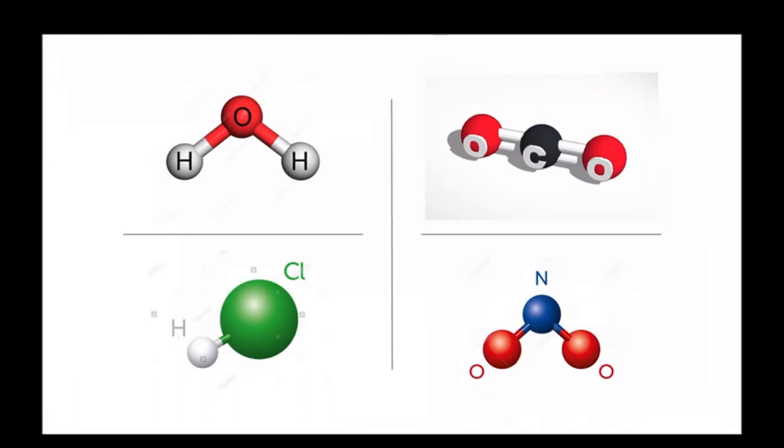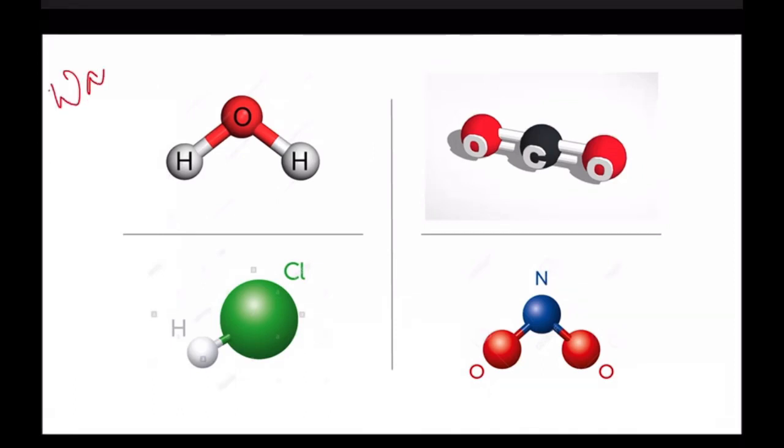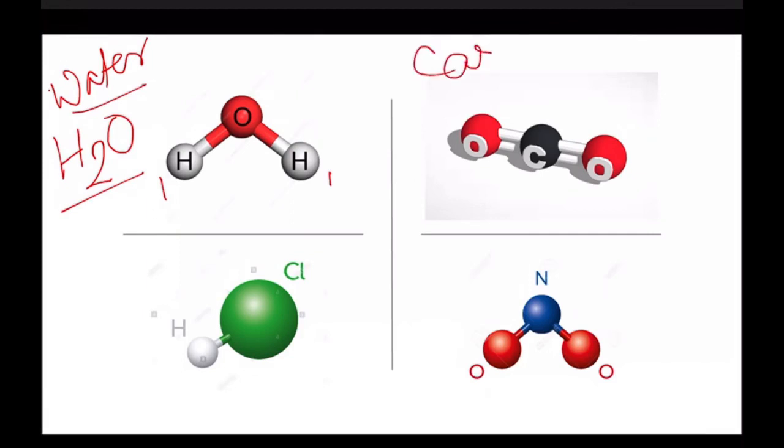For example, you see in case of water, here you see one atom of hydrogen and another atom of hydrogen, that is two atoms of hydrogen combined with one atom of oxygen to form the compound water. Similarly, carbon dioxide.